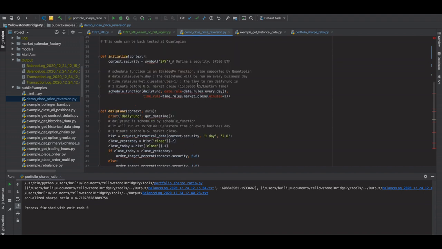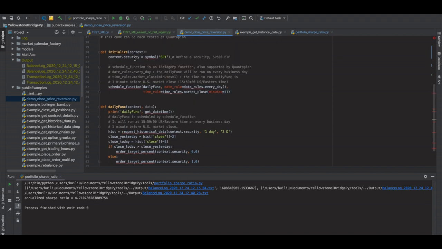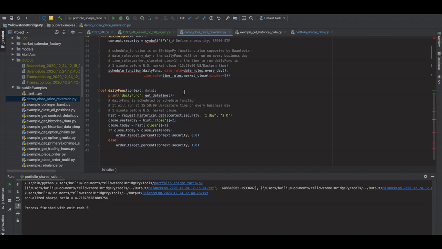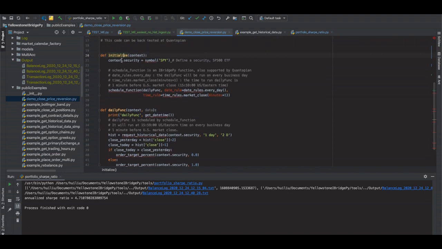This strategy is here. There are two basic functions. One is initialize. In this function, we define shared variables in IBridgePy. So we have a variable called context.security to define the security, which is the ticker SPY, an ETF that tracks the S&P 500 index.